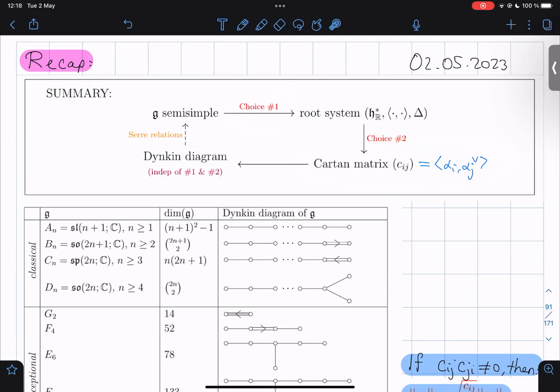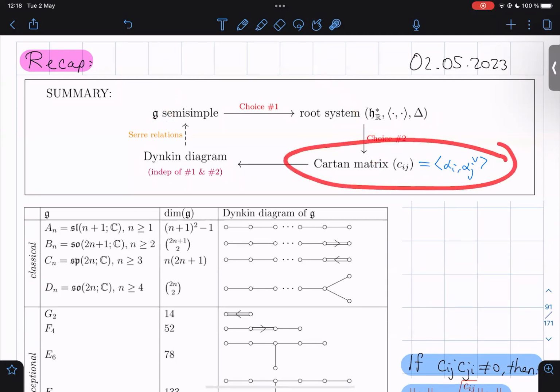This is independent of rescalings of this pairing here. And it's also independent of these two choices. So you get this canonical process from G going to this Cartan matrix.